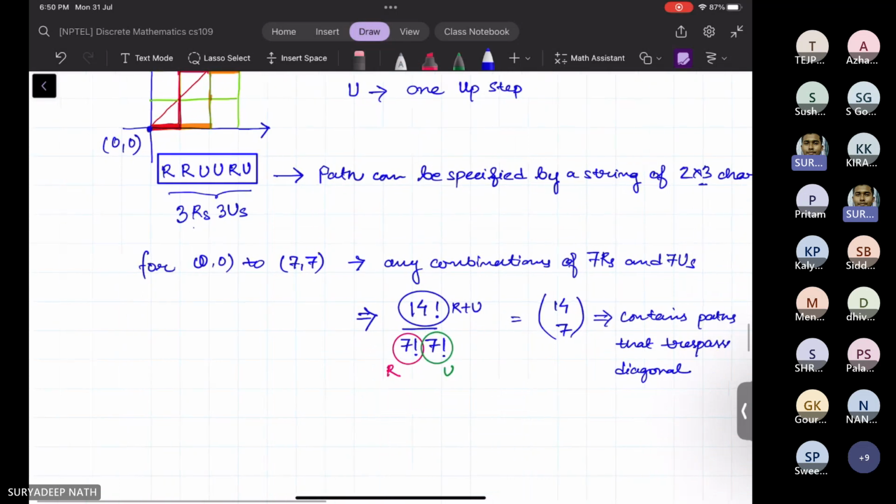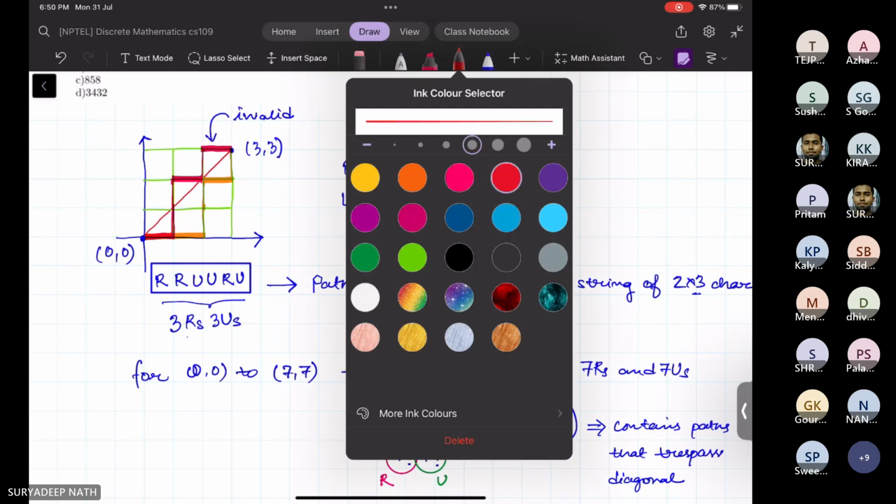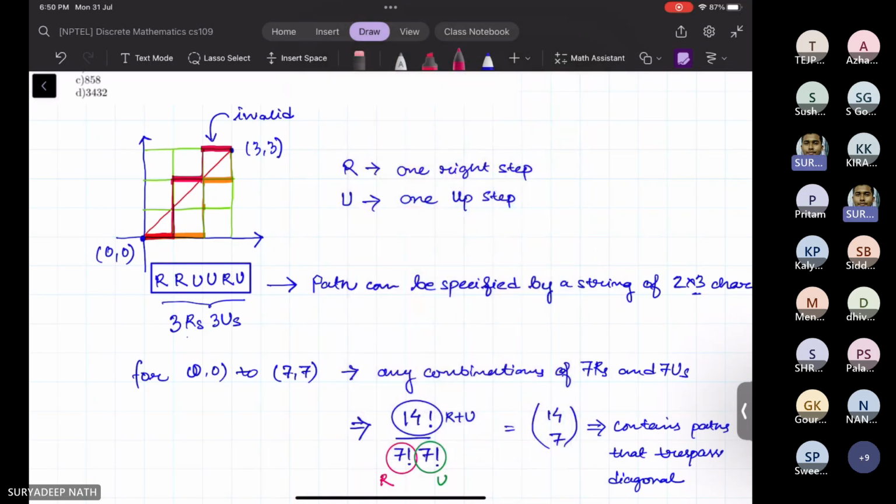So consider this red path. For this invalid path, let me write down the path.